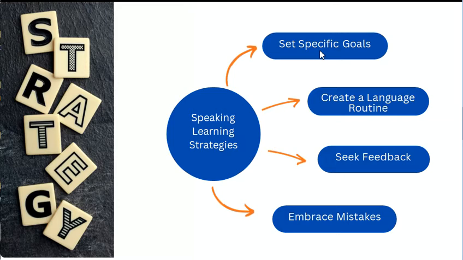So if you feel that you are fluent already, try to have a goal saying that I will improve my language speaking accuracy. If you are not really a good speaker at all, if you are not fluent at all, you have to set a goal saying I will be able to develop my English speaking fluency.